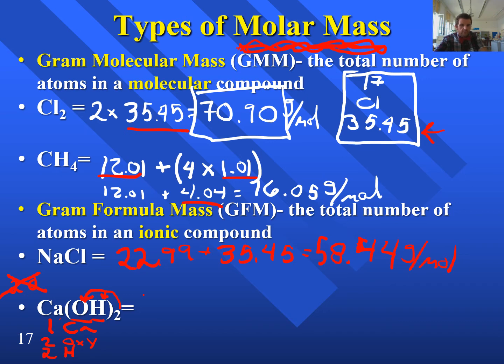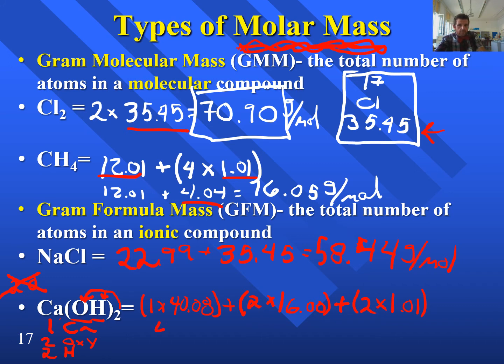So I would do 1 times calcium, because there's only 1 calcium, 40.08, plus 2 times oxygen. Oxygen is 16.00, plus 2 times 1.01, and that's just the mass of hydrogen.